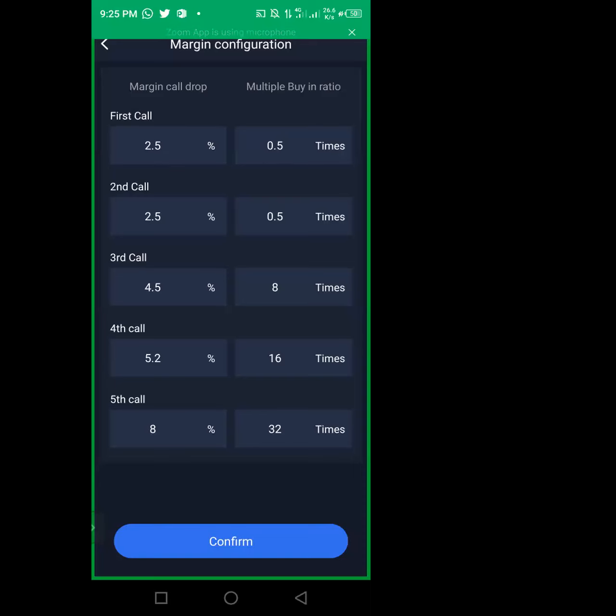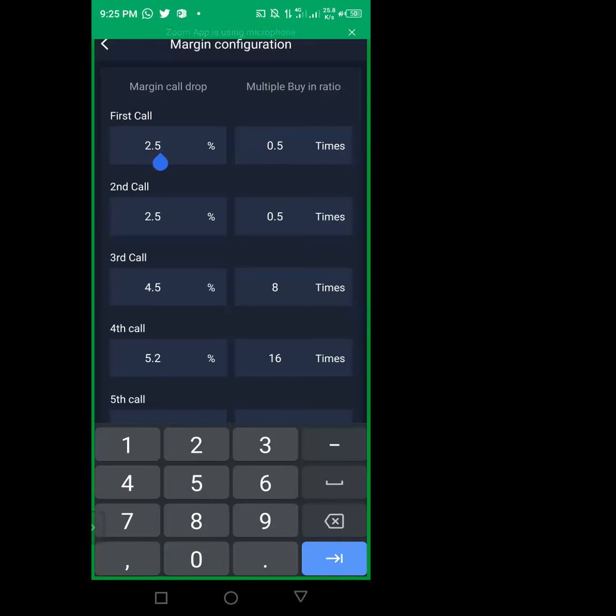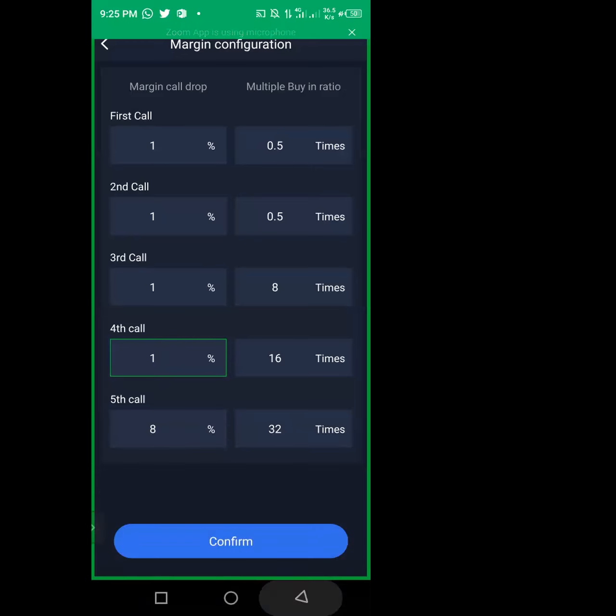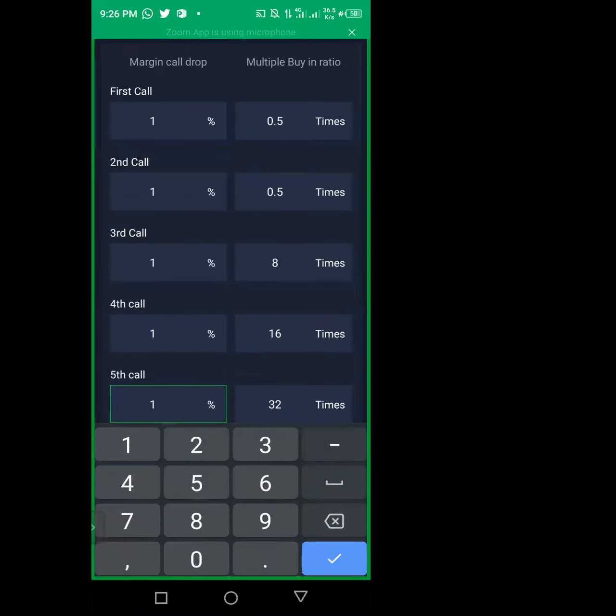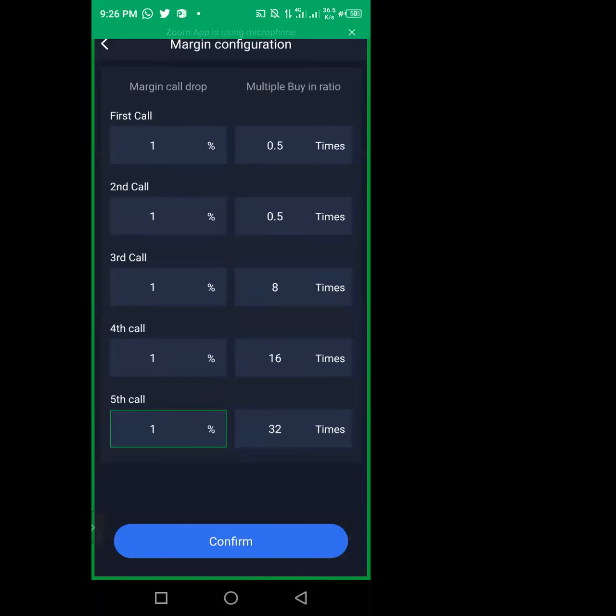So margin call drop is the reduction in percentage. The one-shot signal says we should cover at least 5%, and we are using 5, so I will make everything a 1% drop. If you add everything here, it will give you 5% drop.